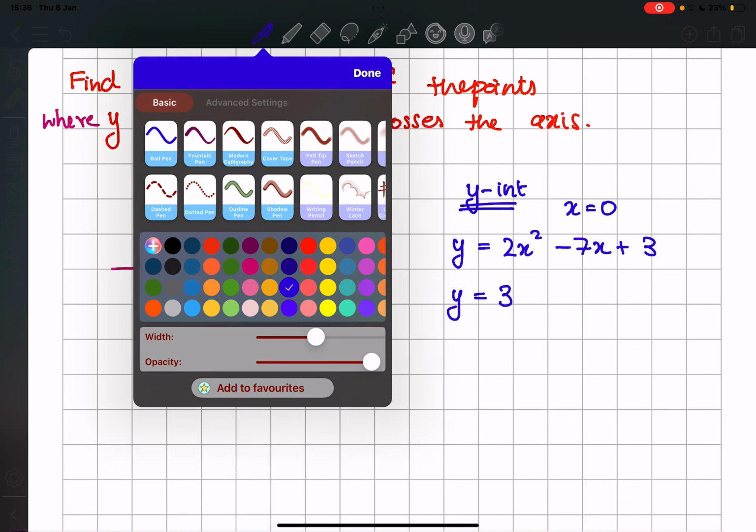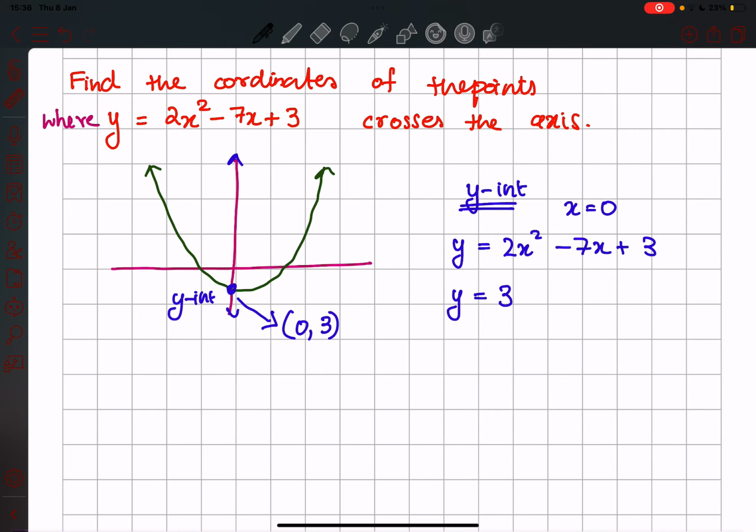Now to find the points where it crosses the x-axis, we are looking at these 2 points here. And when the curve crosses the x-axis, what happens is the y value or the y coordinate becomes 0. So the black dots or the black points which we have labeled in the picture, those are my x-intercepts.